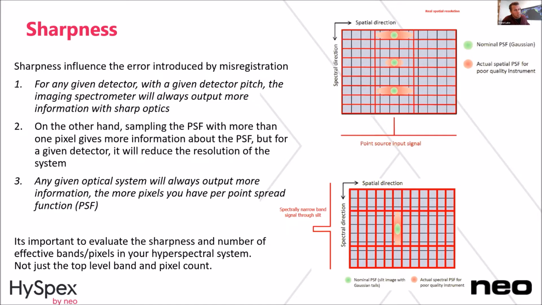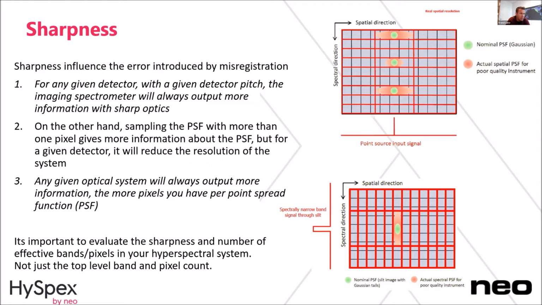But in the visible range, we are moving more and more towards that, right? Sony, for example, is making smaller pixels, very little noise floor, good detectors. So we can get always smaller pixels and a lot of pixels. Of course, you have to take data rate and stuff into consideration as well. But for the SWIR range, pixels cost a lot of money.